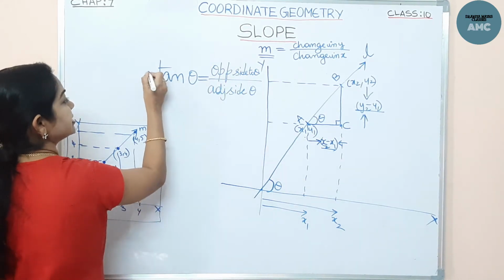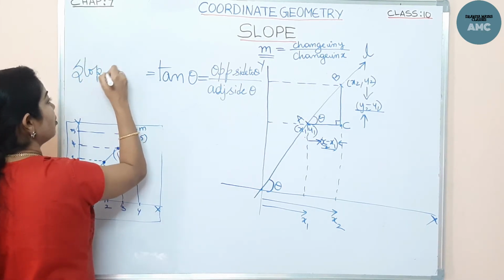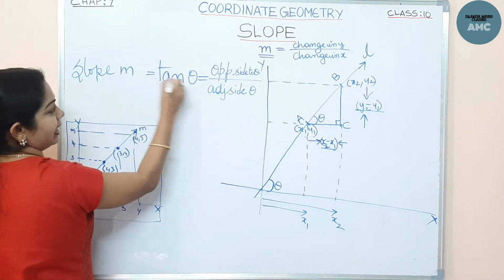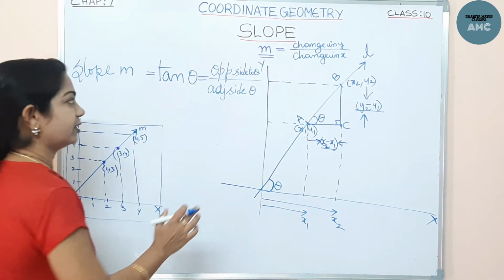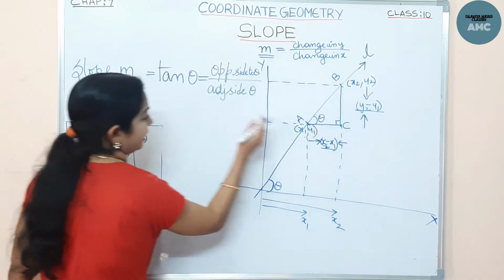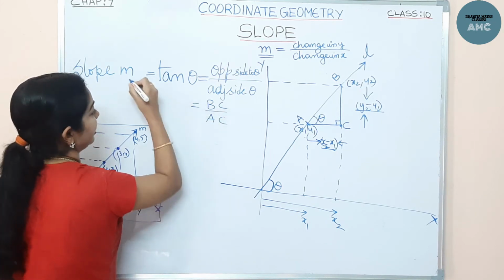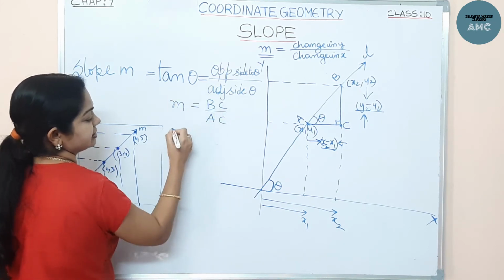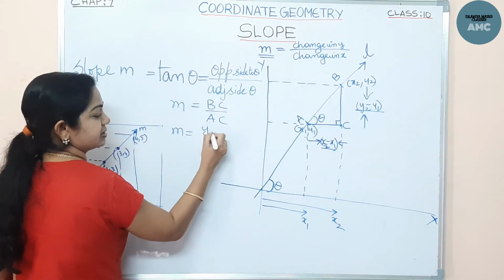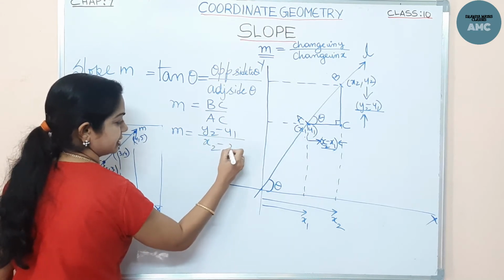So tan theta is equal to opposite by adjacent. Now this is nothing but what we are telling as slope. Slope is the inclination or the angle subtended, isn't it? So slope m is tan theta when theta is given. Opposite to this is BC by AC. Here m is tan theta, isn't it? Now m is equal to BC by AC, that is, y2 minus y1 by x2 minus x1.